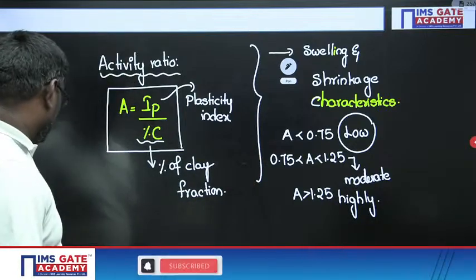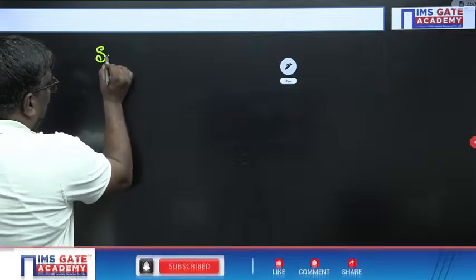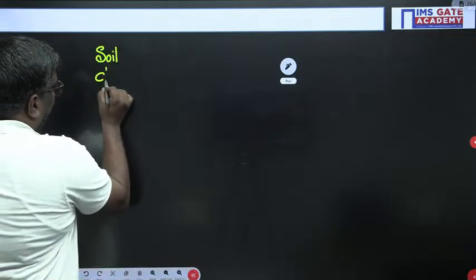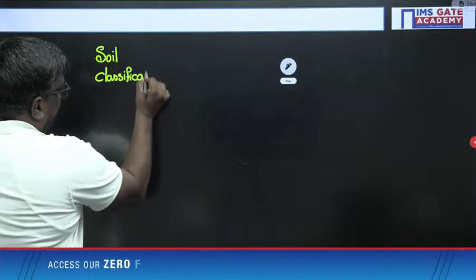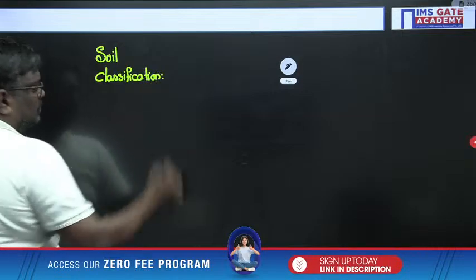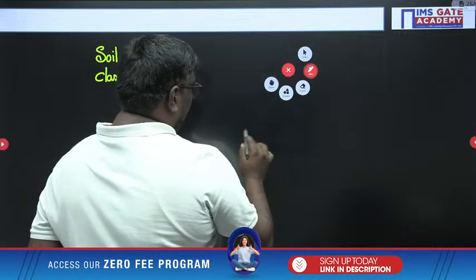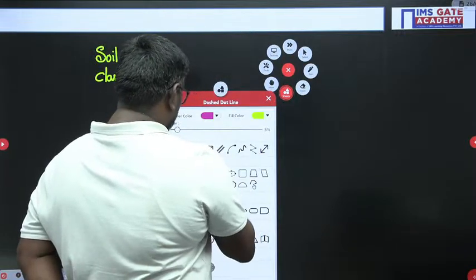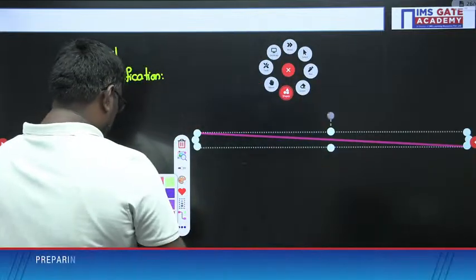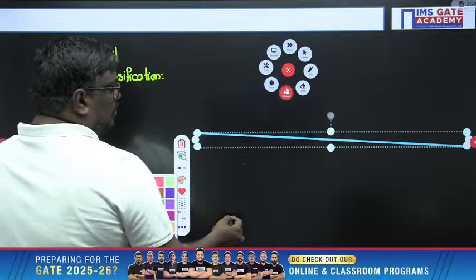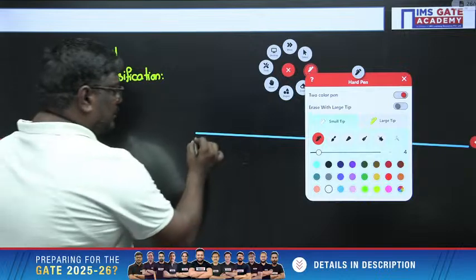Now, similarly, we will be going into the concept of soil classification. Now, I will discuss soil classification. Sir, actually in soil classification, based on particle size only, soil particles are classified.